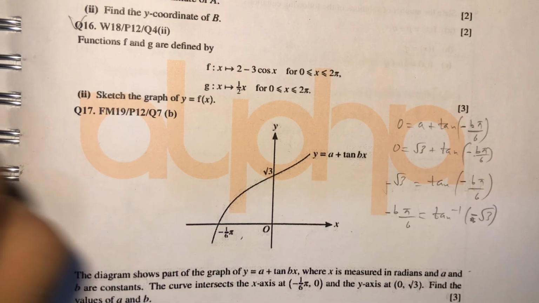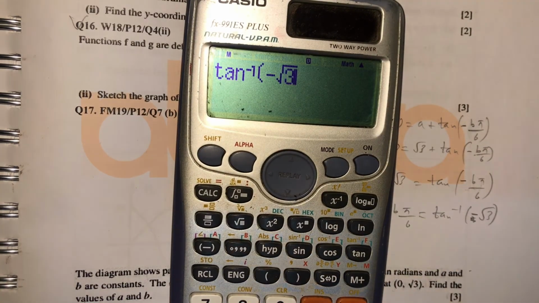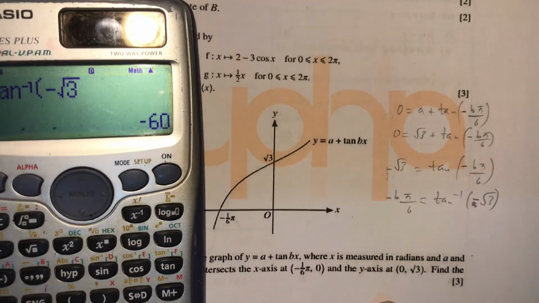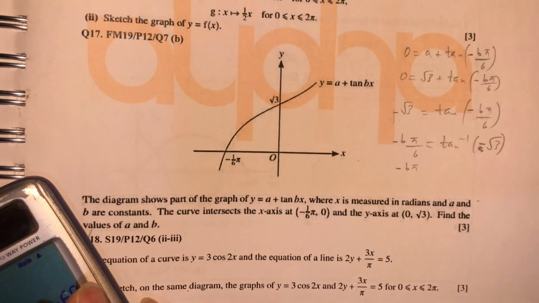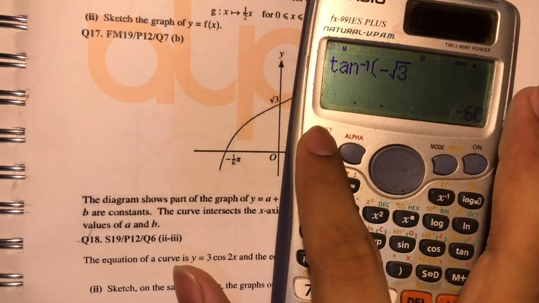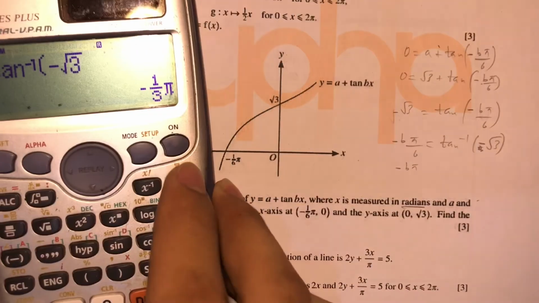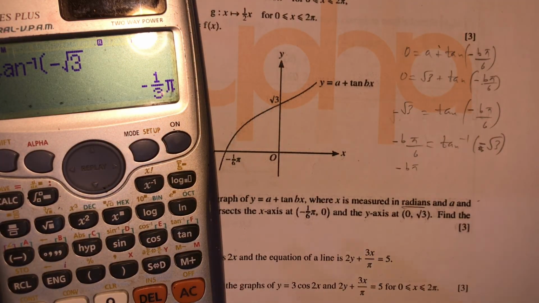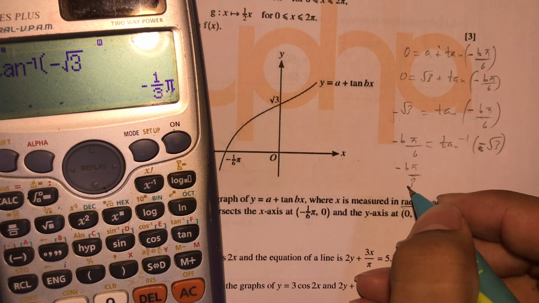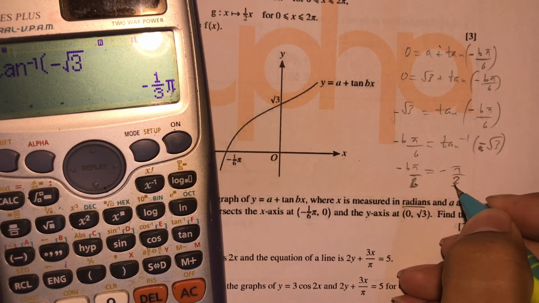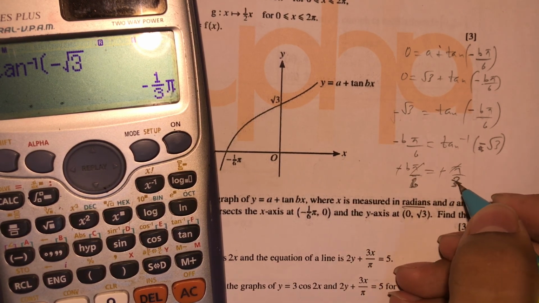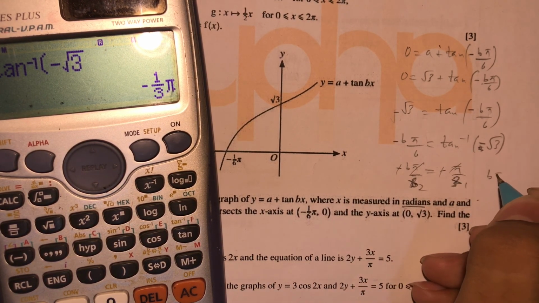Tan inverse negative root 3 is negative 60, right? Sorry, this is in radians, so I'll convert it to radians. So negative pi by 3. Equals negative pi by 3, right? So negatives cancelled, pi cancelled, 3 1s are 3, 2 3s are 6, so b equals 2.